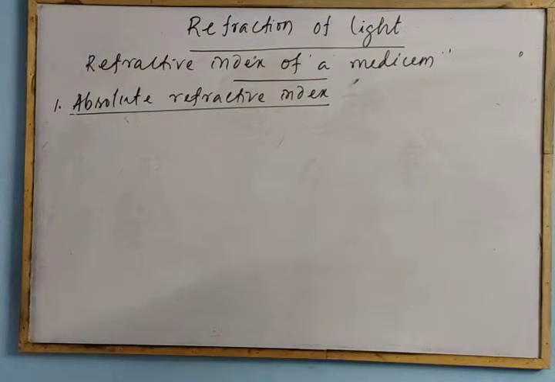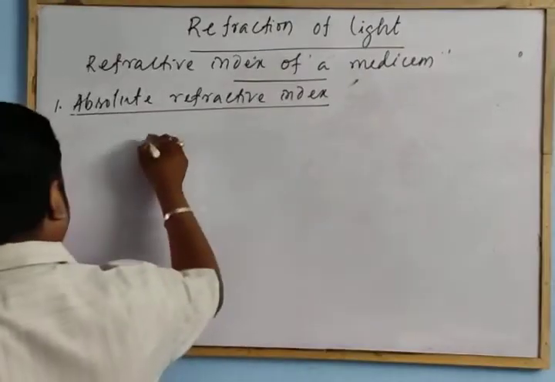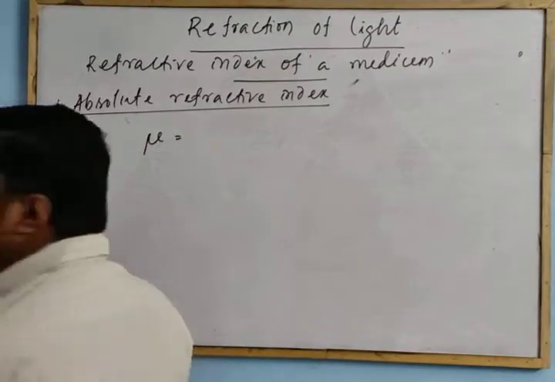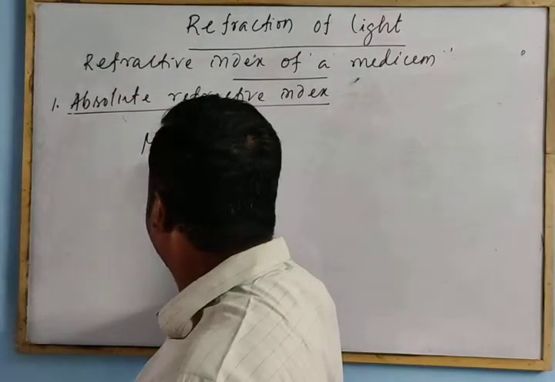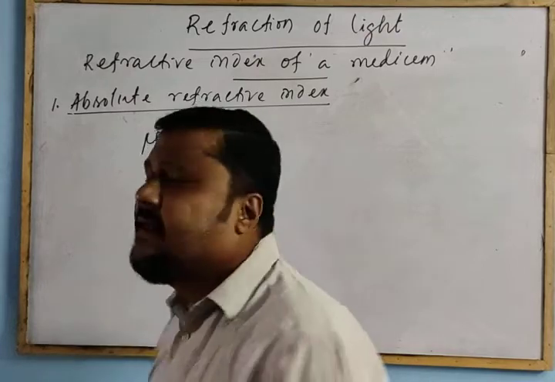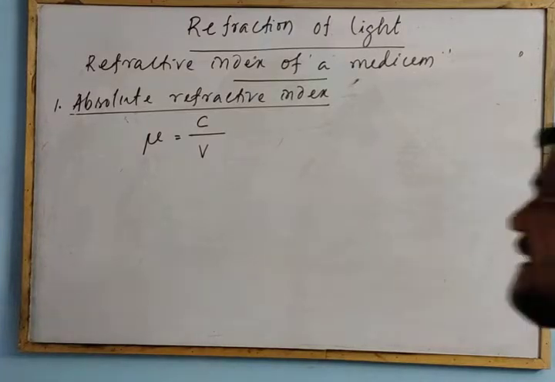So the absolute refractive index of a medium can be defined as the ratio of the speed of light in air medium or vacuum medium to the speed of light in that medium.